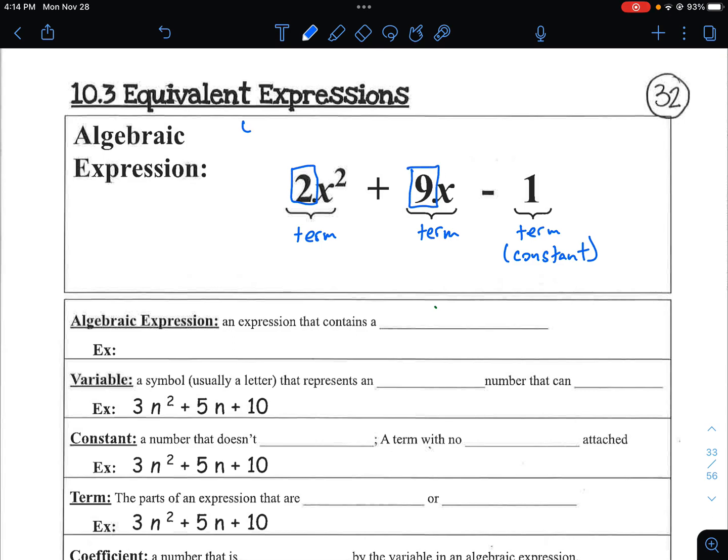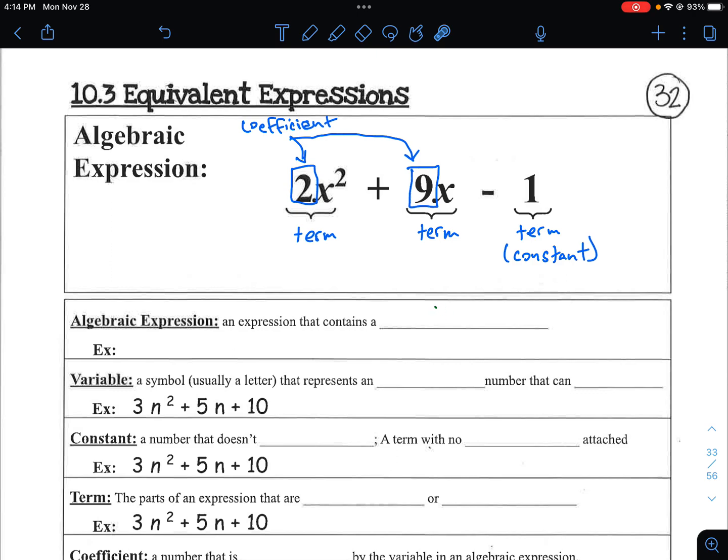Those are known as coefficients. So that would be the 2. That's also the 9. And coefficients are the numbers that you multiply a variable by, or the number in front of a variable.